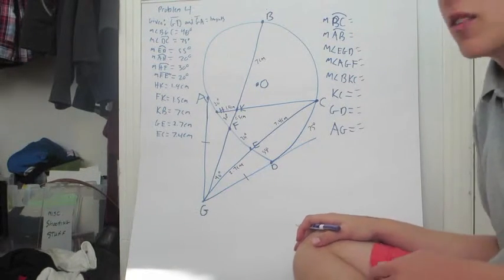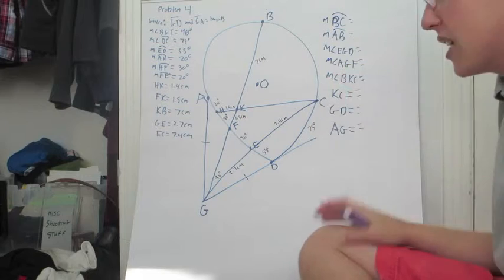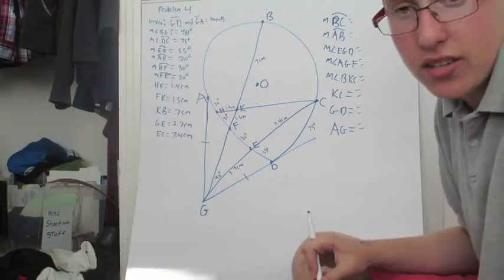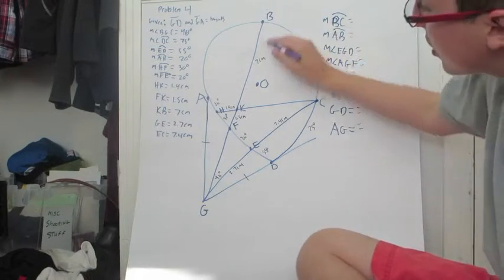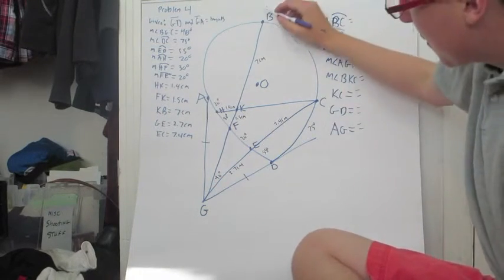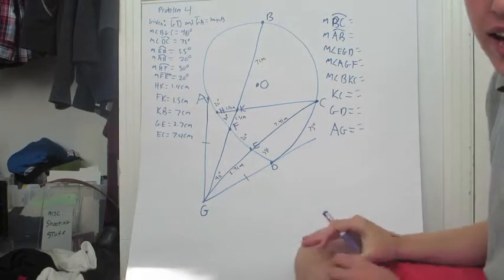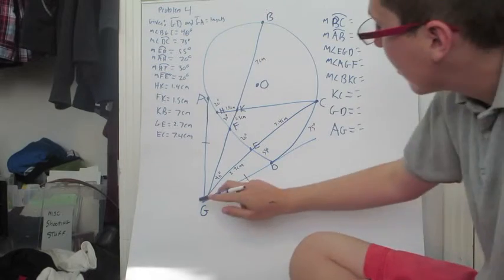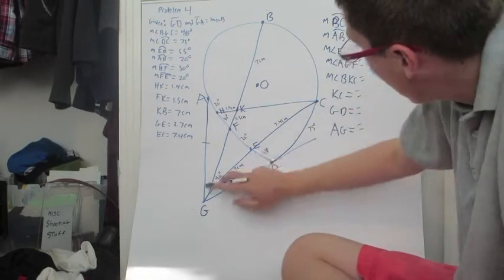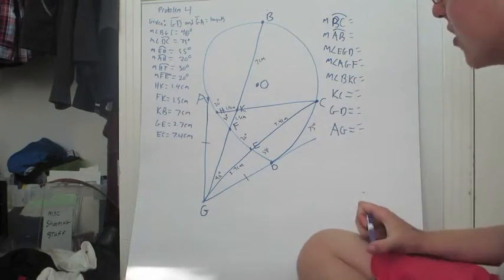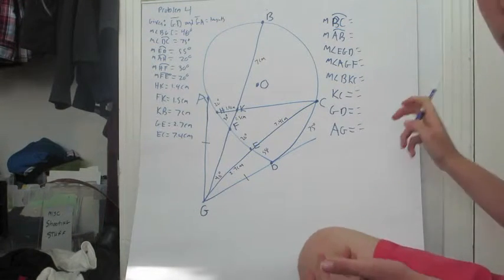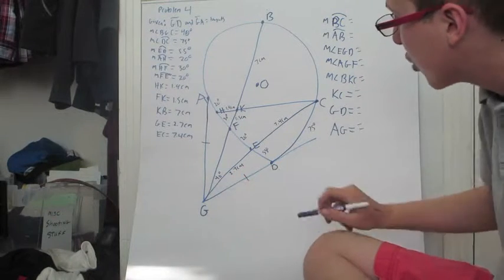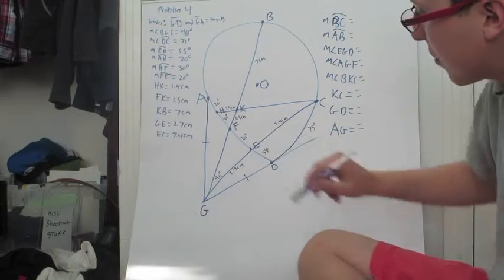And we can figure it out by using a theorem that we've recently learned: the two secants, which would be BG and CG, intersect on the outside of the circle. So these secants intersect on the outside of the circle, which would let us use this measure right here as well as this measure right here.